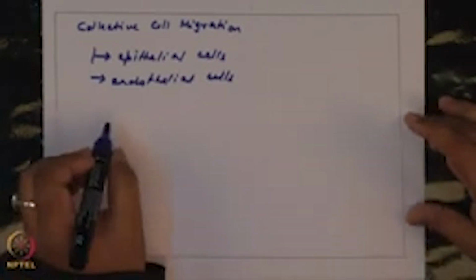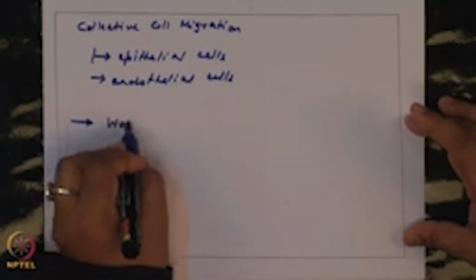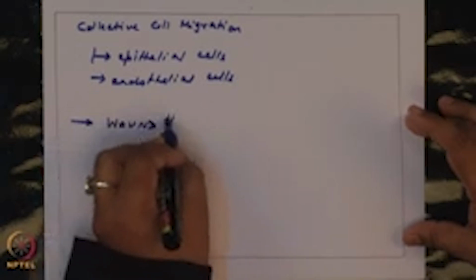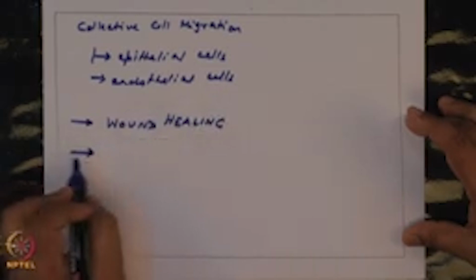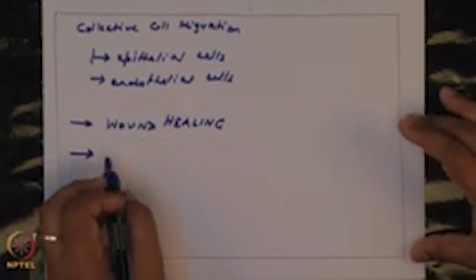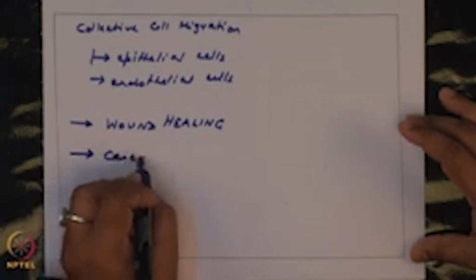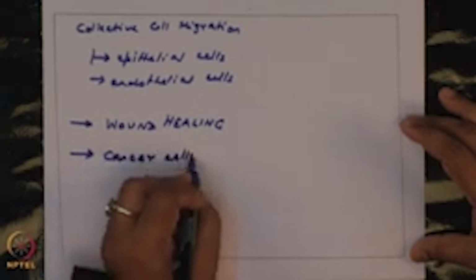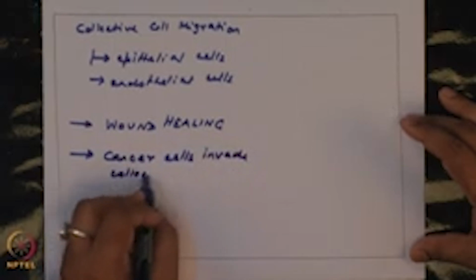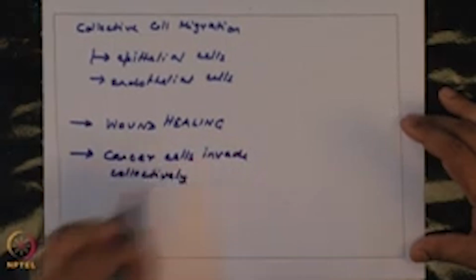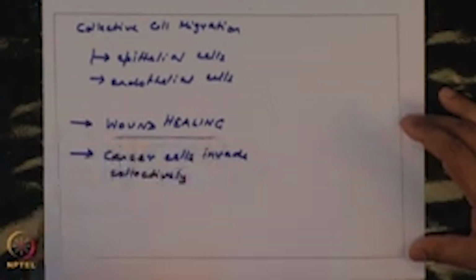Collective cell migration is applicable to, let us say, wound healing, or even to pathological processes where cancer cells invade collectively. We will focus more on wound healing.